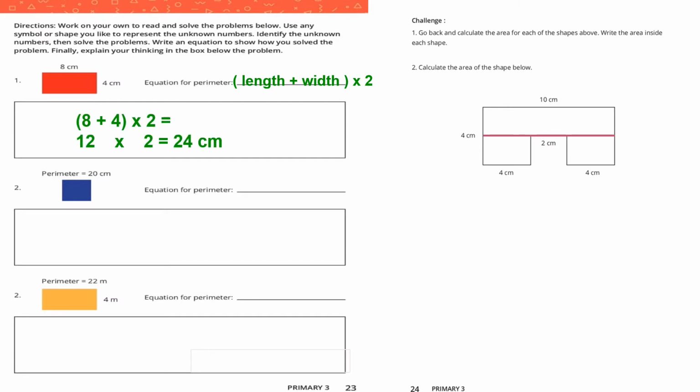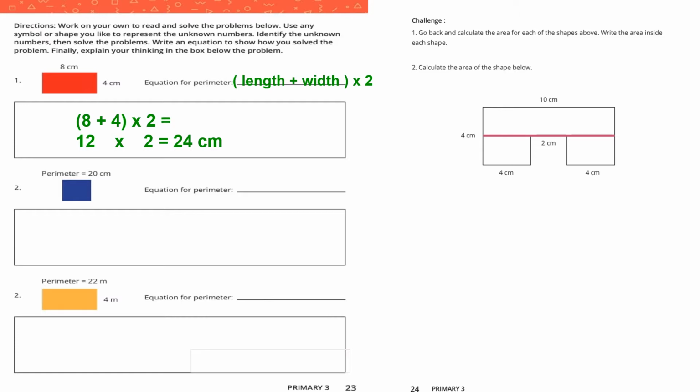We solve what is between brackets first. 8 plus 4 is 12. 12 times 2, from table 2, is 24 centimeters. So the perimeter is 24 centimeters.